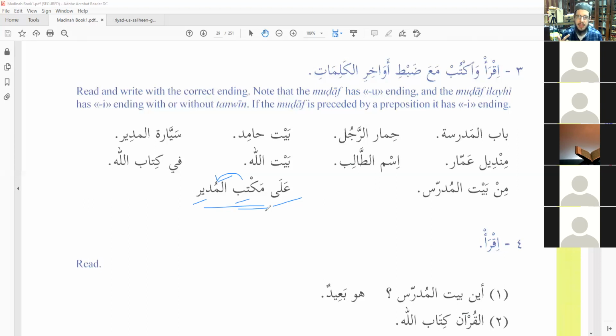Even something like the idgham between men and the ya, like if you were to say men yadhhab, who's going? They would not do that. They probably wouldn't even say that. So generally, tajweed rules are not implemented in everyday speech.